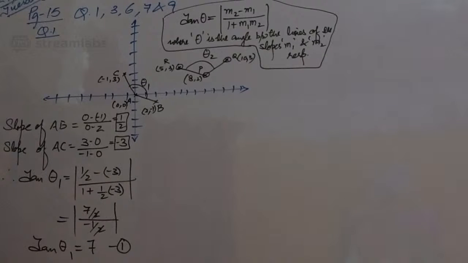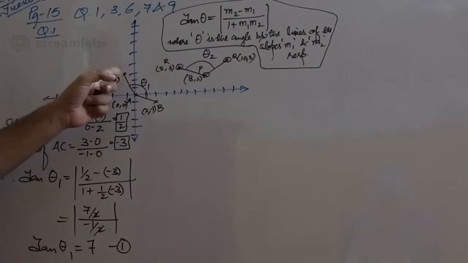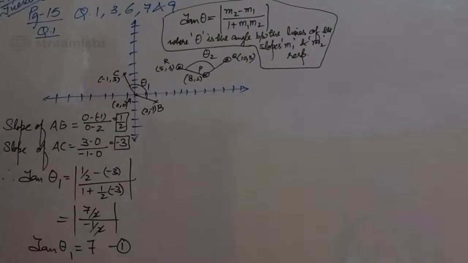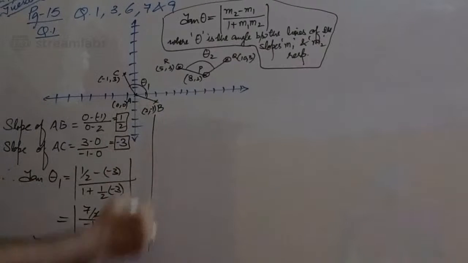So we found the first equation, and we have found the angle between these two lines or these two segments AB and AC as tan theta 1 equals 7, because we have studied the mod of any negative number will always come positive itself. Right. Similarly, we can go for the next one.